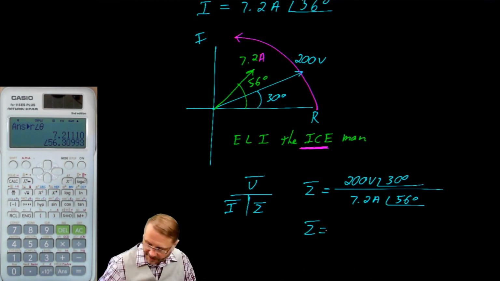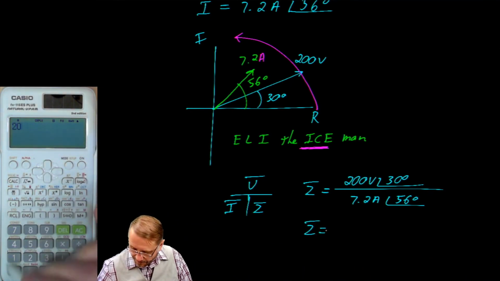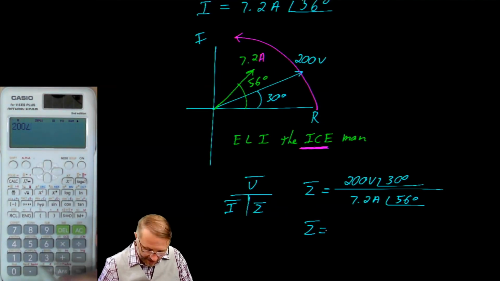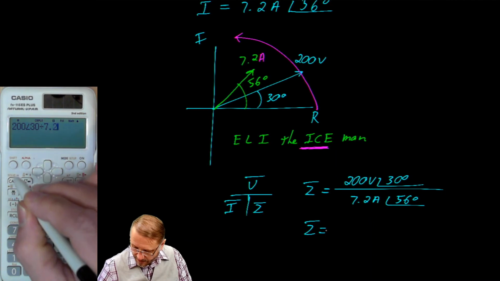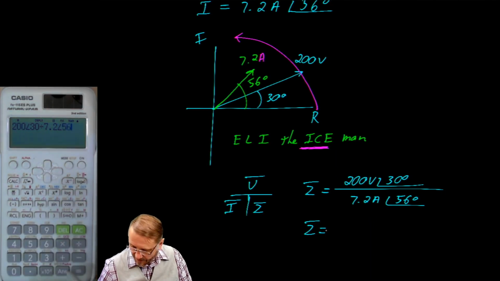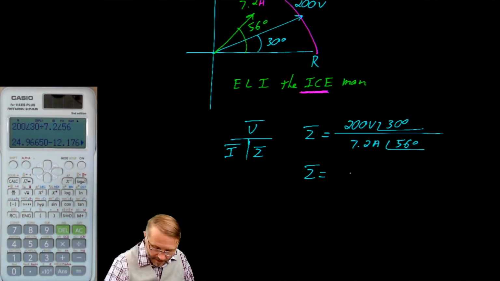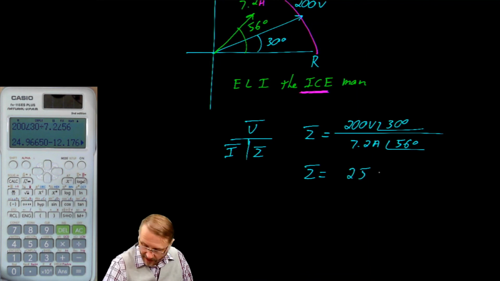Our calculator can easily do that, so 200 at a phase angle of 30 divided by 7.2 at a phase angle of 56. We record that as 25 minus 12j.